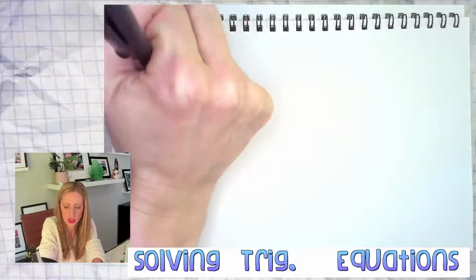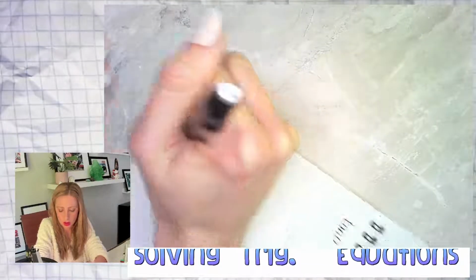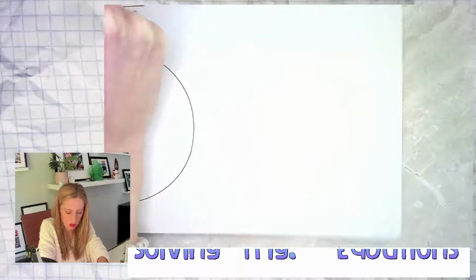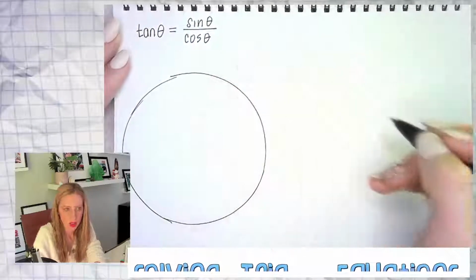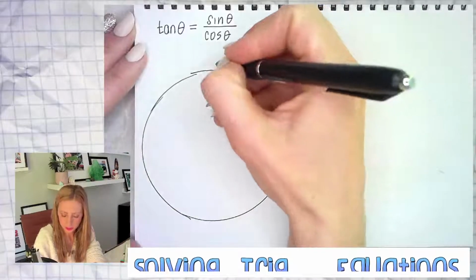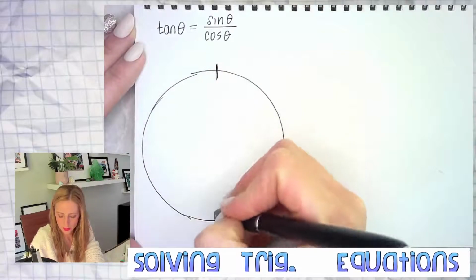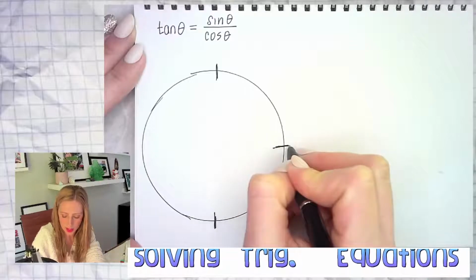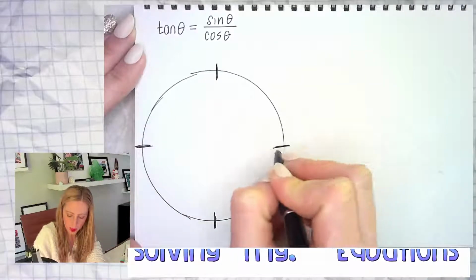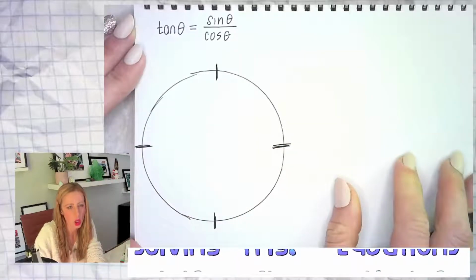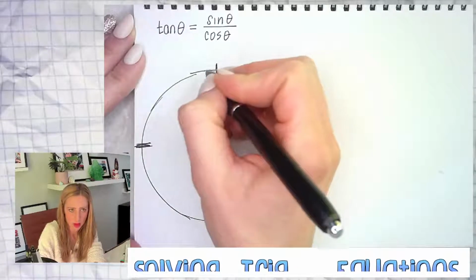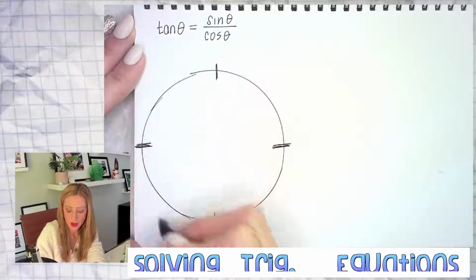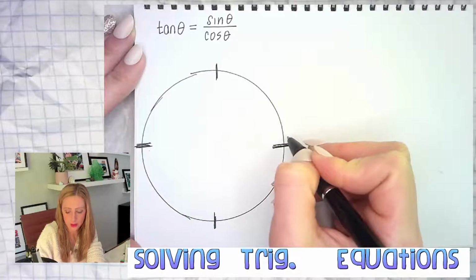Okay. So I'm just going to sketch a quick circle. There we go. So on this circle over here, it's on the XY plane. I'm not going to clutter it up too much, but these 4 tick marks are kind of representative of the quadrantal angles, right? 0, pi over 2, pi, 3 pi over 2, and 2 pi.